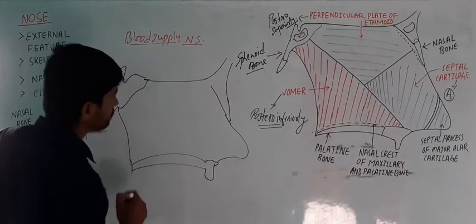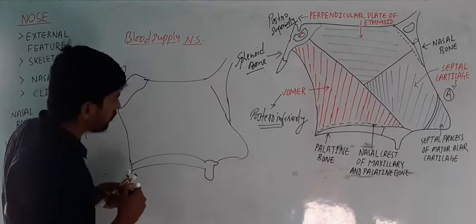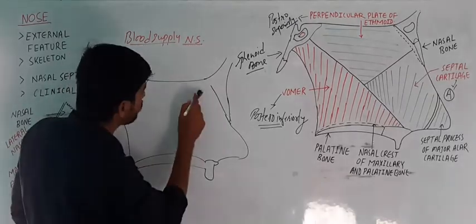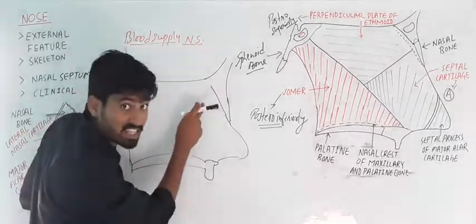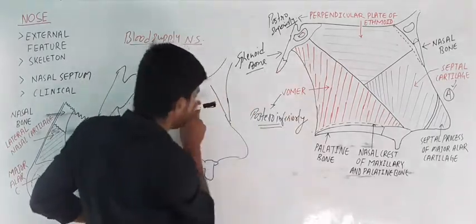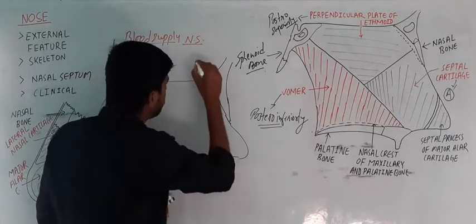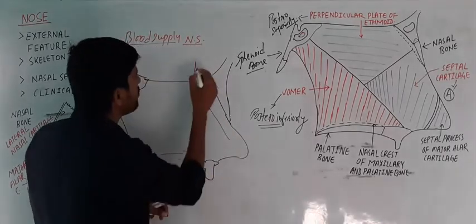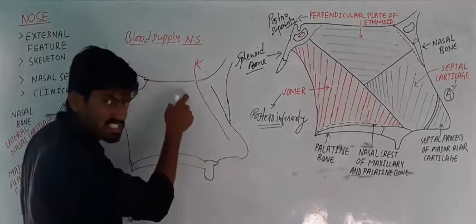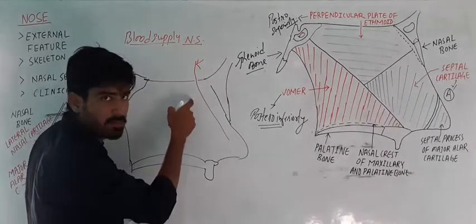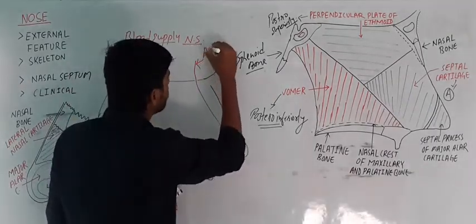Am I right? Now see, what I told you, this part is the ethmoid. See here, ethmoid. Right? So, one artery will come from here, one artery will come from this. So what is the name of this artery? This part is formed by the ethmoid.